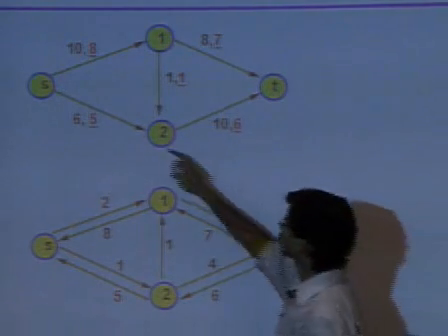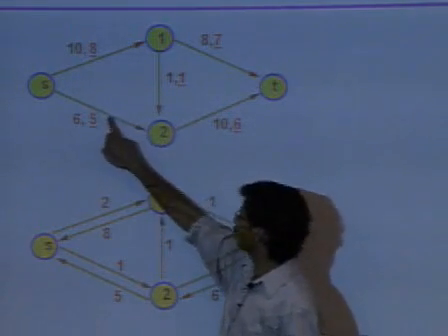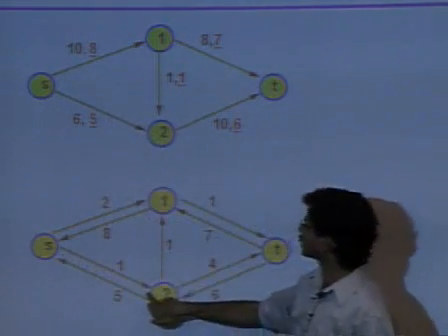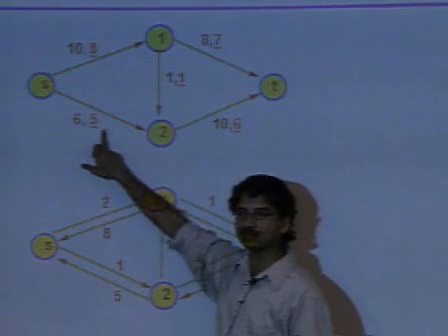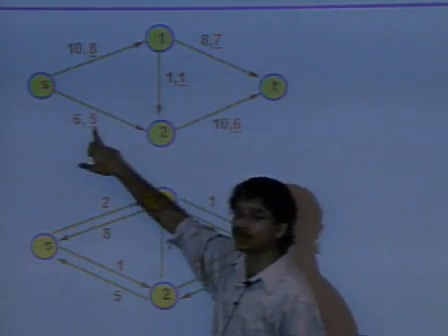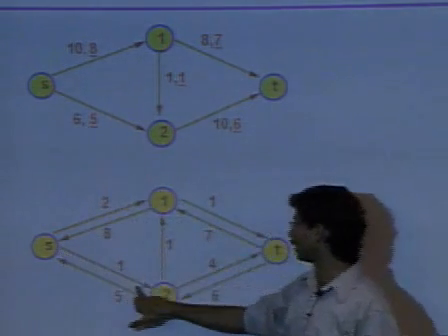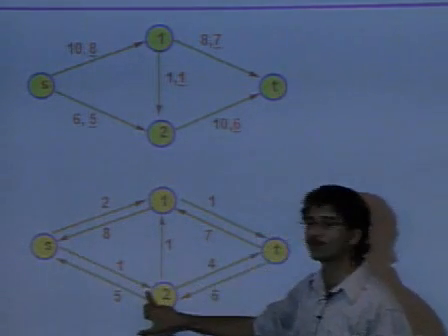We could increase the flow along this arc S to 2. The extent by which you can increase the flow is just its residual capacity. This arc has a capacity of 6, a flow of 5, so I could increase it by up to 1 unit. That's going to be the capacity of the forward arc.